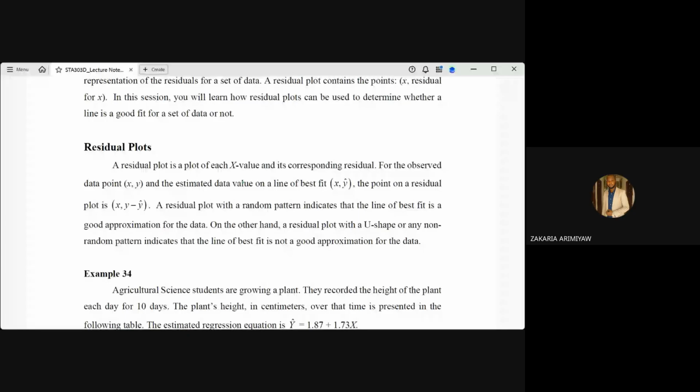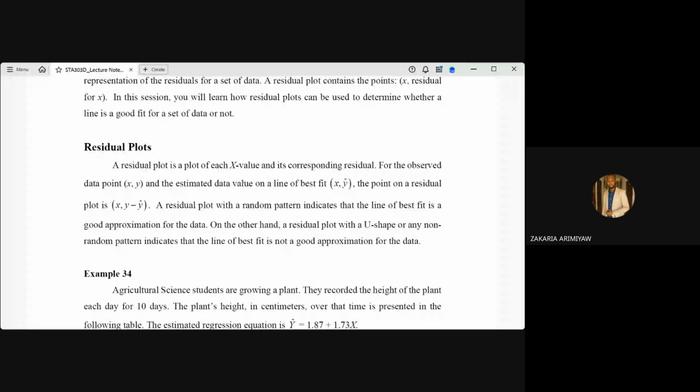Okay, so let's look at the example, which will help us to illustrate how we conduct the residual analysis. In this particular example, this is the preamble. Agricultural science students are growing a plant.